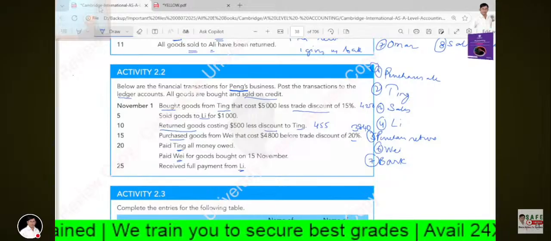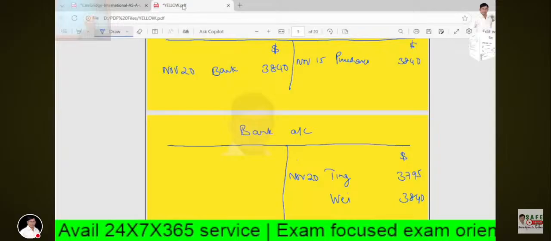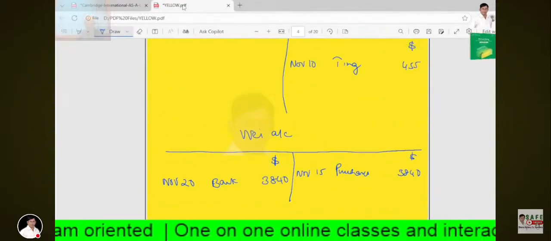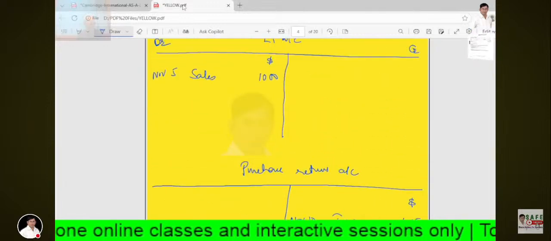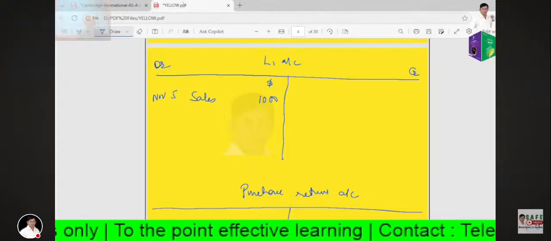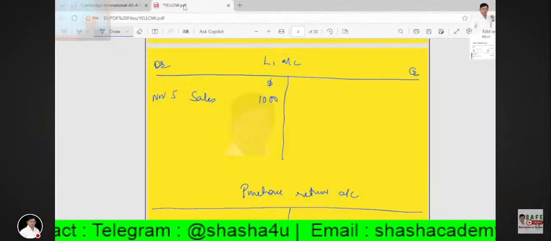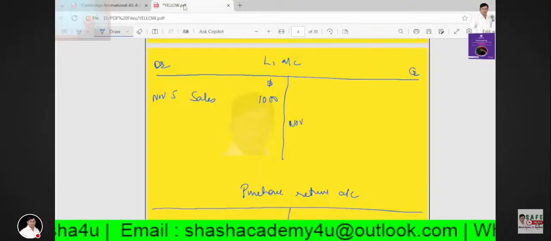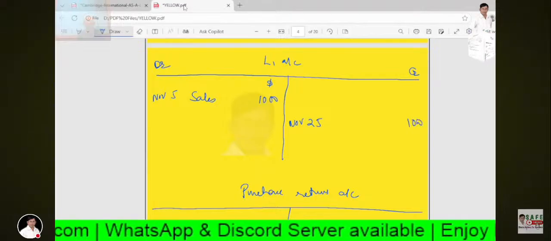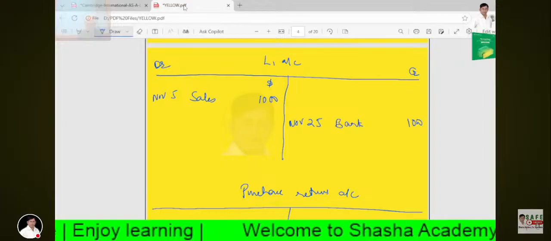So next, received full payment from Lee. So let us see how much we have to receive from Lee. We have to receive 1000 from Lee. What date did we receive? We received on November 25th. Obviously we would have received it through bank account, so you can write bank or cash also.